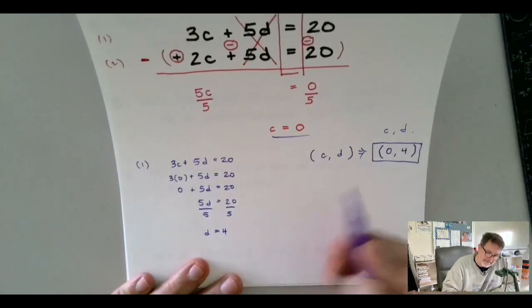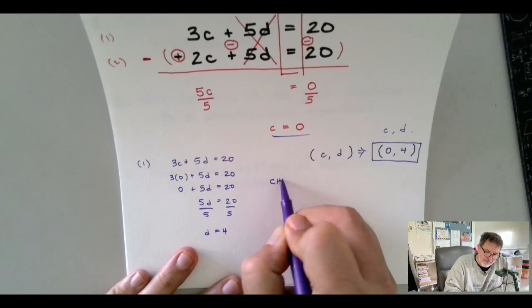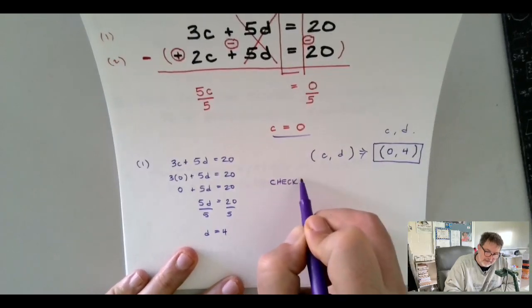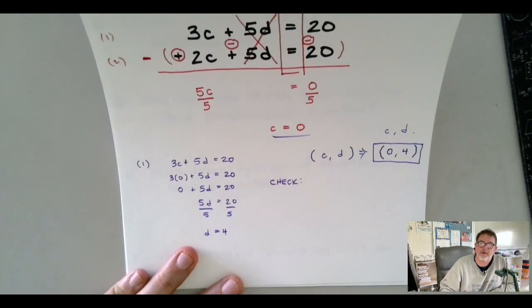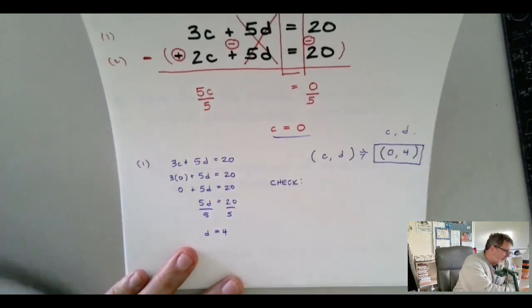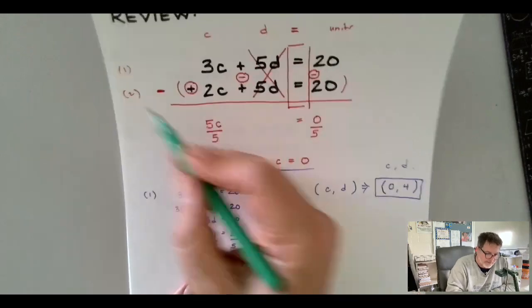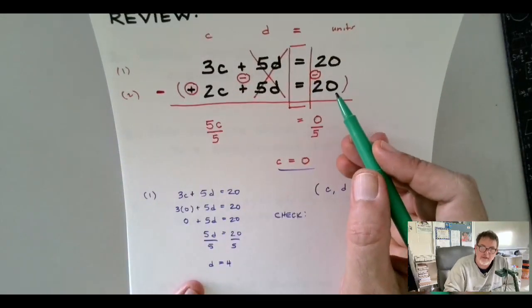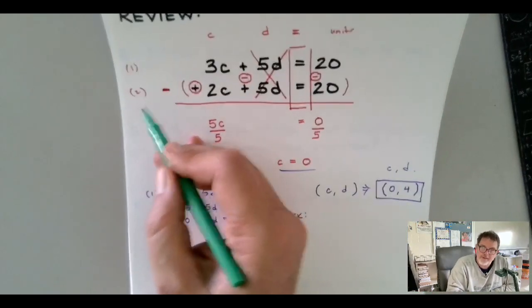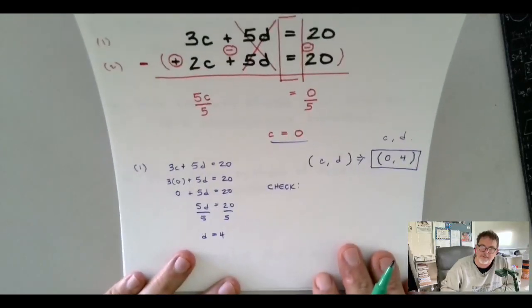Okay? Last thing I want to do is check, and we've talked about this. I'm going to give you a little review question in a second. If I use equation 1 to solve, you should use equation 2, the other equation, to check.